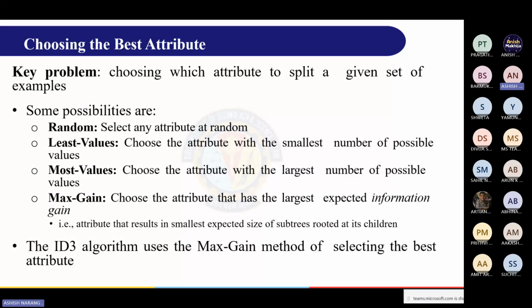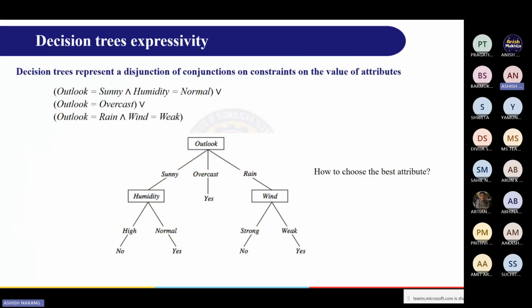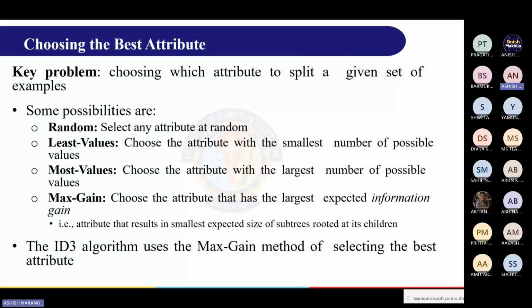If I talk about wind, it was strong and weak, only two values possible, while the outlook attribute had three values. So should I go with the least values? Should I go with the most values? Choose the attribute with the smallest number of possible values, or choose the attribute with the largest number of possible values. But these may not be true all the time.